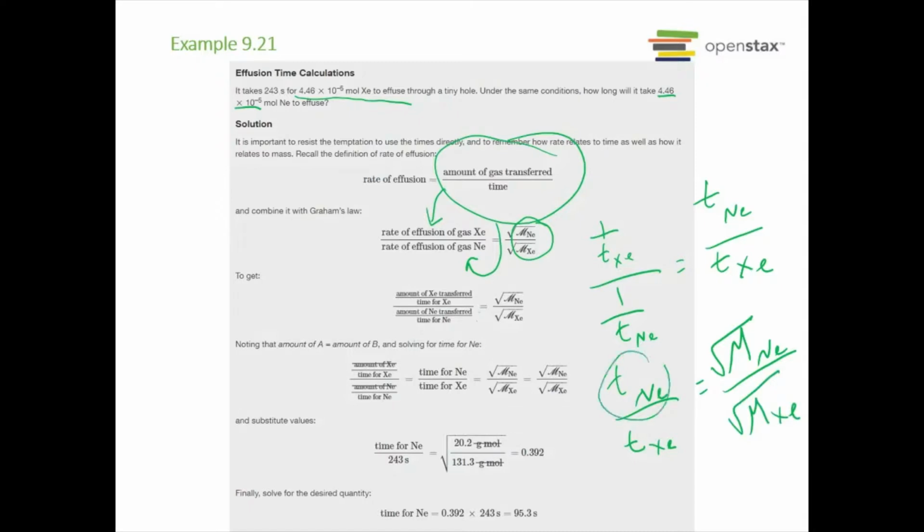And so then we can solve for the time for neon because we know all of these other variables. Solving, we get 95.3 seconds for neon to effuse. And this makes sense, since neon has a shorter time to effuse because it is lighter than xenon.